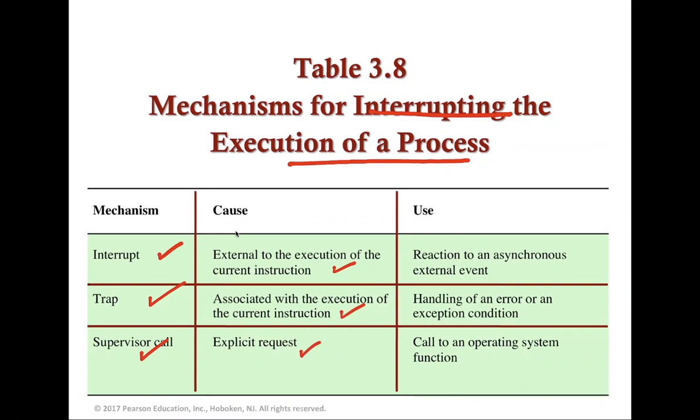Interrupts are used when there is a reaction to an asynchronous, external event. Traps are related to how to handle an error or exception condition. Supervisor call is mainly related to an explicit request or a call to an operating system function based on an explicit demand, for example, from the parent process.